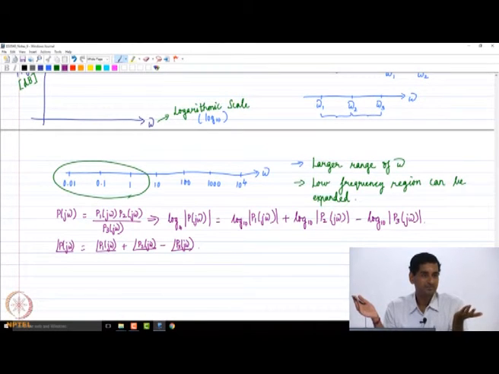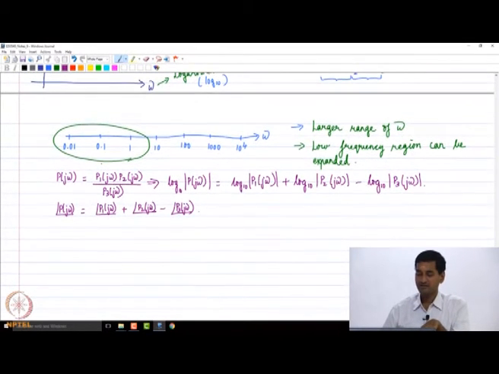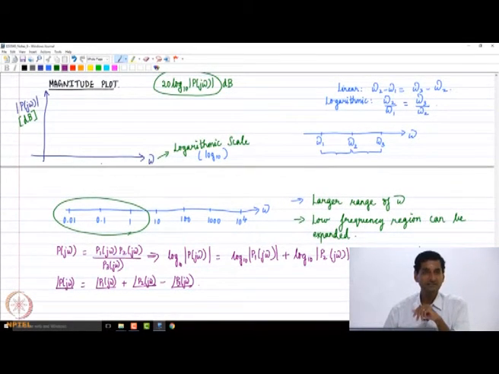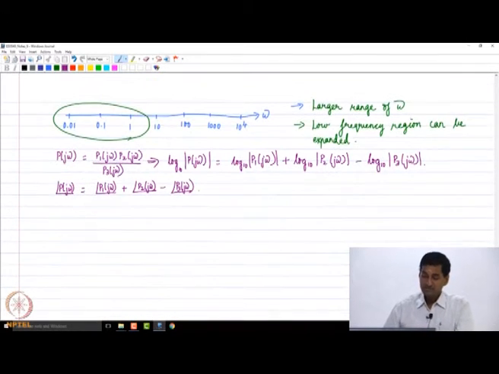Then we are done. That is a very good advantage of using a logarithmic scale, even for the magnitude. Now the second plot is what is called the phase plot.